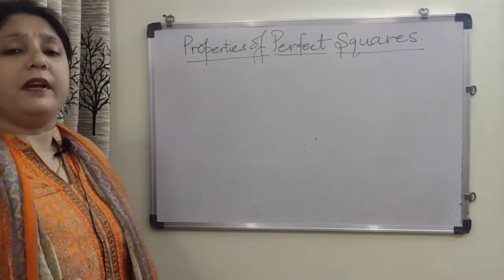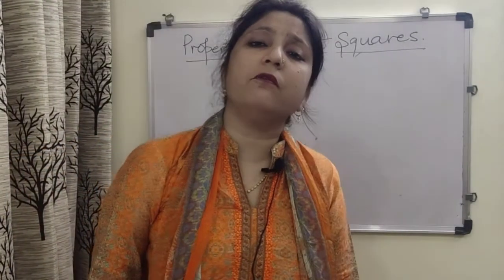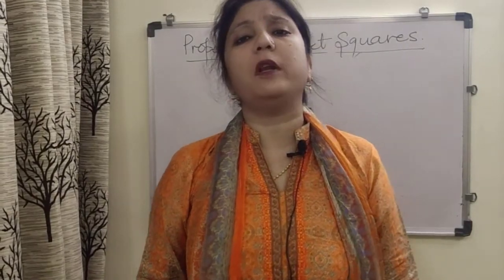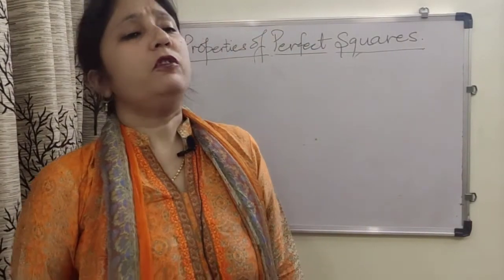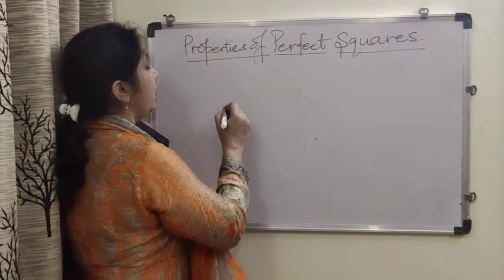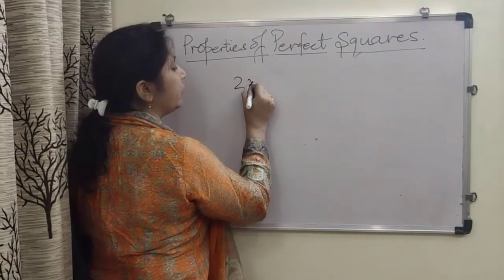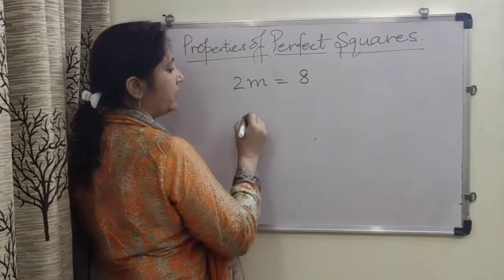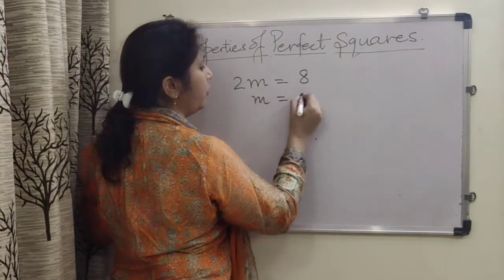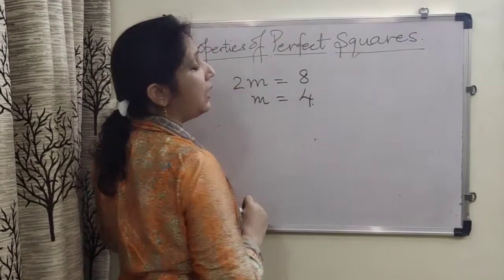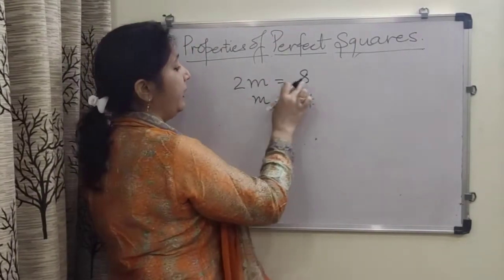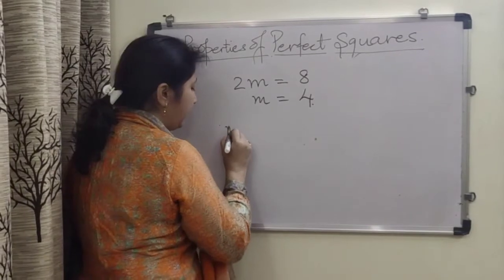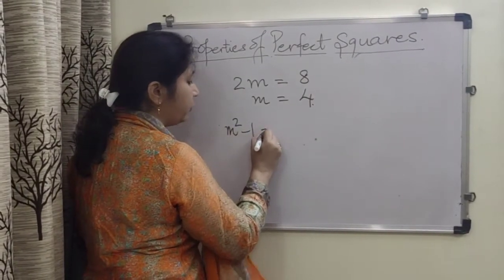Another way to attempt the same question, where we are given to find the Pythagorean triplet whose smallest member is 8. Children, what we do? We consider the smallest member as 2m is equals to 8. So m is equals to 4. How could it be 4? 8 divided by 2 is 4. Now another member is m square minus 1.